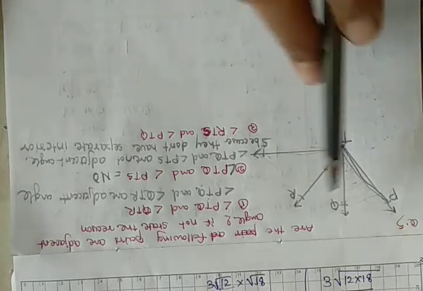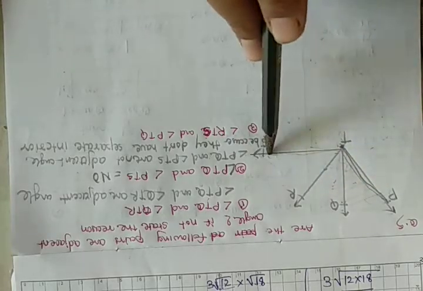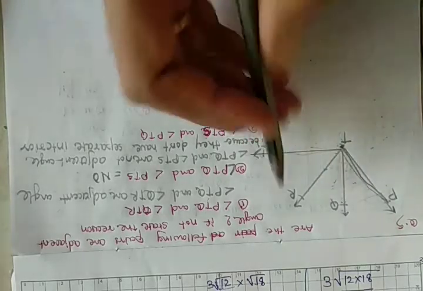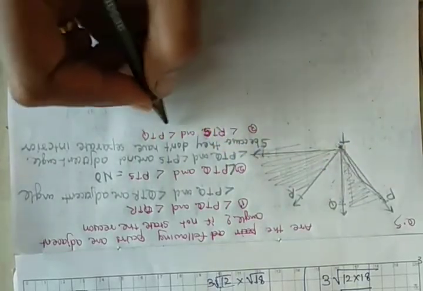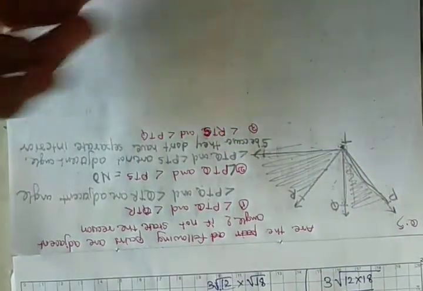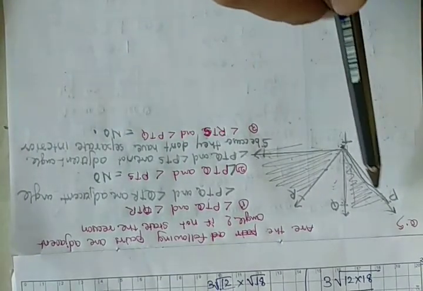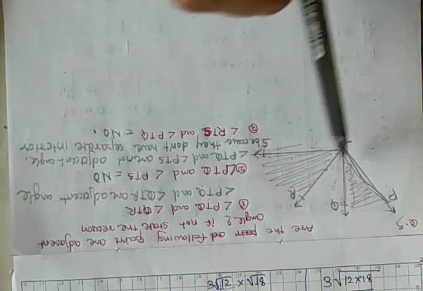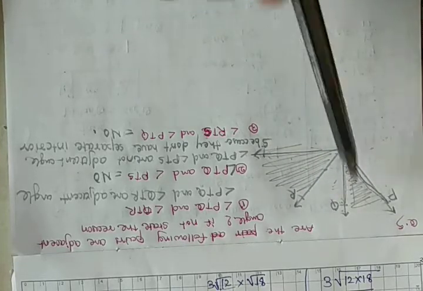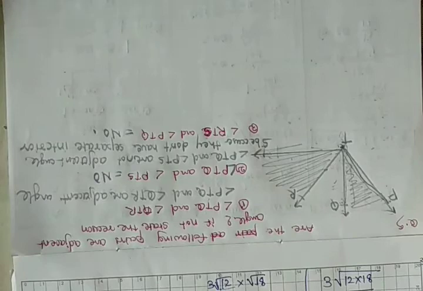See the third pair, angle RTS and angle PTQ. See this angle RTS and this angle PTQ. Are these two angles adjacent? No. What is the reason? In angle PTQ and angle RTS, there is a common vertex T, but there is no common arm.